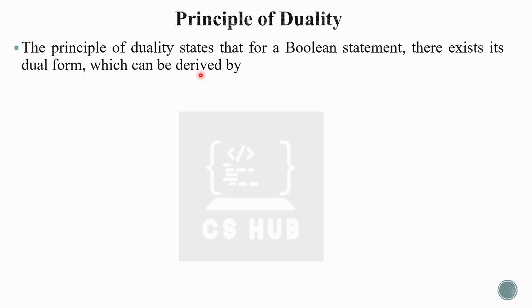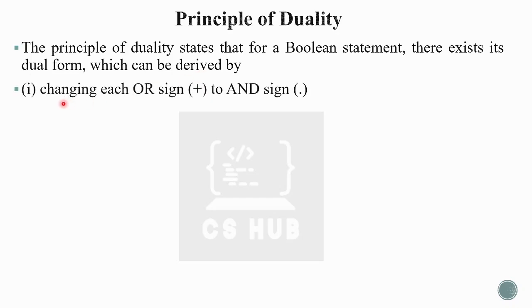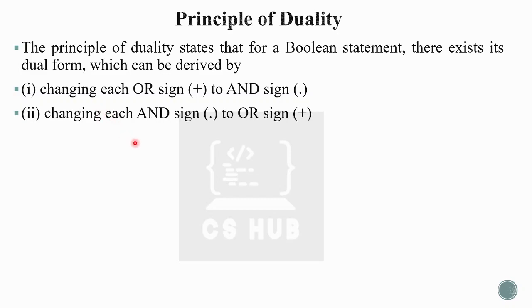And that dual form can be derived by, first step, changing each OR sign to AND sign, and changing each AND sign to OR sign, and replacing each 0 by 1 and each 1 by 0. All we have to do is interchange all zeros by 1 and all AND by OR. Then we will get the dual form of a Boolean expression.